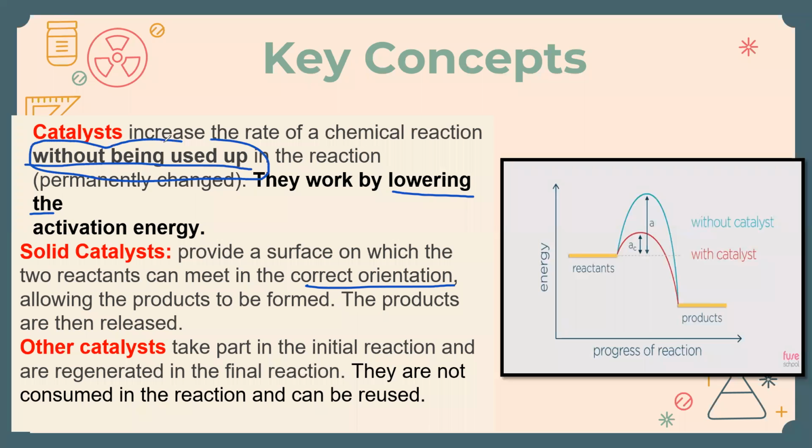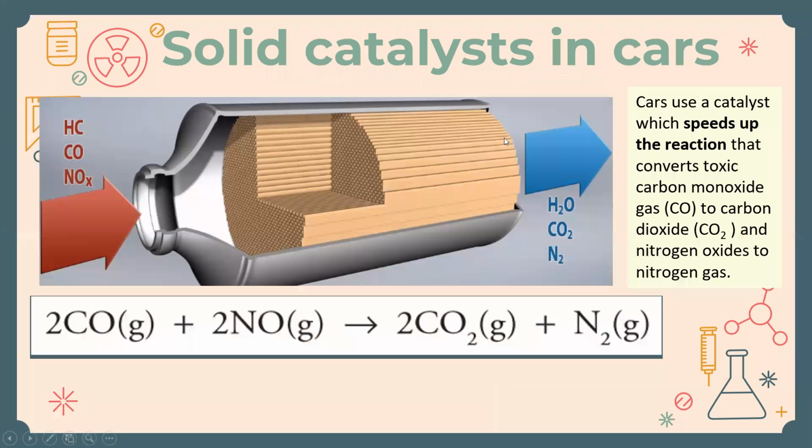We can see them coming out on the other side, on the right-hand side of the arrow. So a catalyst is just any substance that speeds up the reaction or increases the reaction rate without being used up in the actual reaction. There's no permanent change to the catalyst, and it works by lowering the activation energy. That's the basic idea behind catalysts.